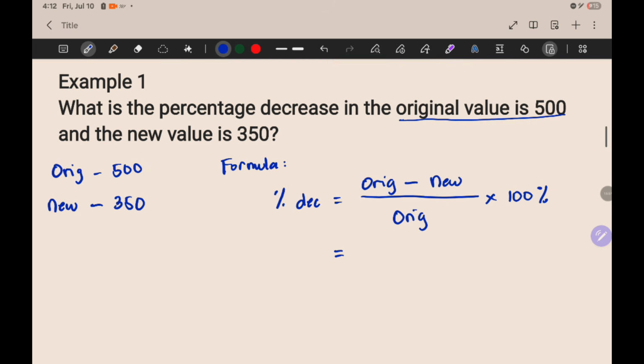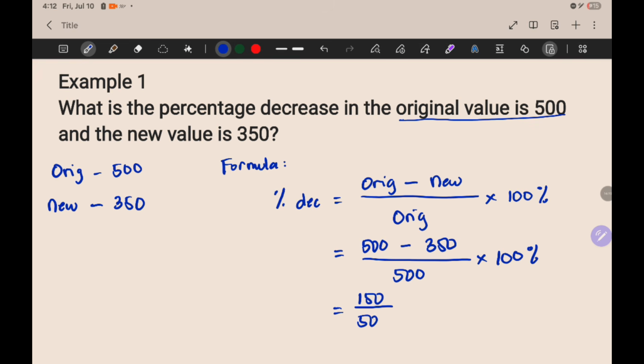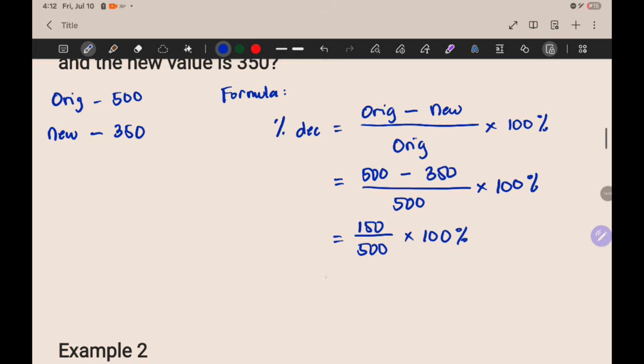So, substitute lang din ulit natin. So, original value is 500 minus 350 all over 500 times 100%. So, you can use your calculator kung hindi kayang i-solve manually. So, 500 minus 350, that's equal to 150 over 500 times 100%.